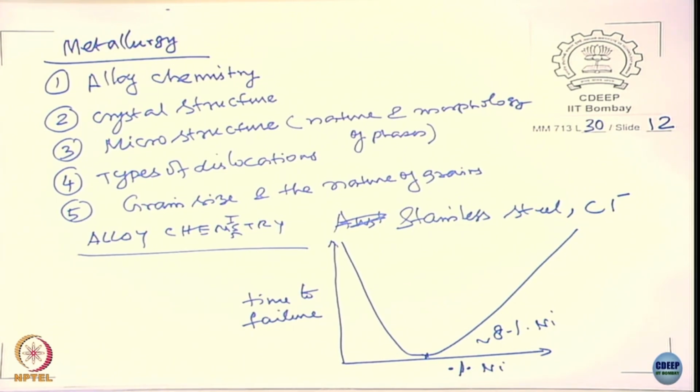Actually, it is very difficult to separate out alloy chemistry, crystal structure, microstructure, dislocation. They are all intertwined. It is not possible to separate them out, because if I am going to add nickel, the crystal structure changes from BCC to FCC.